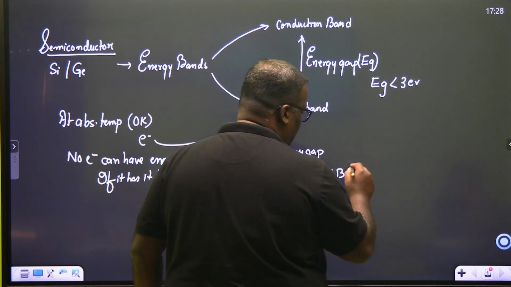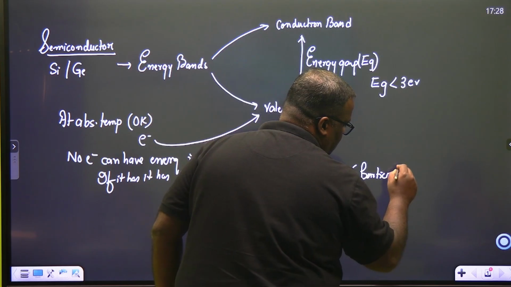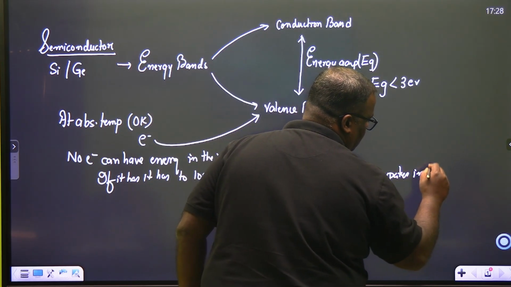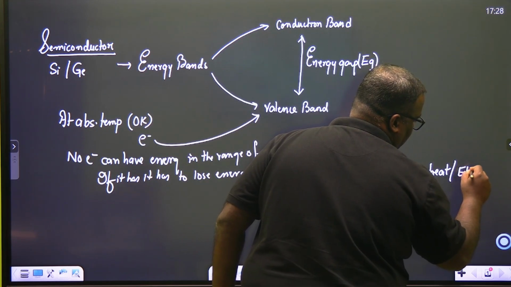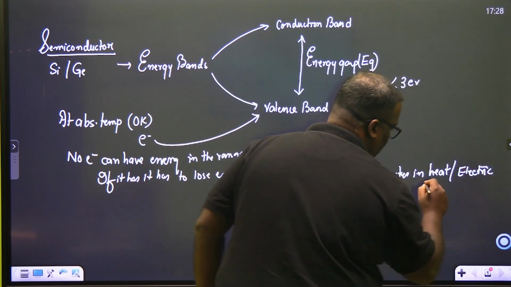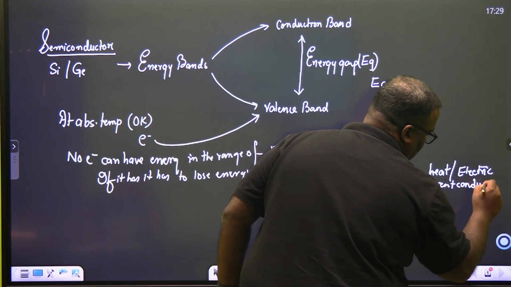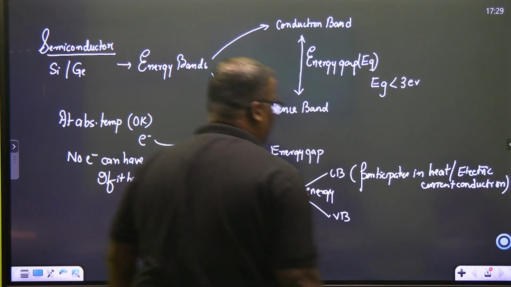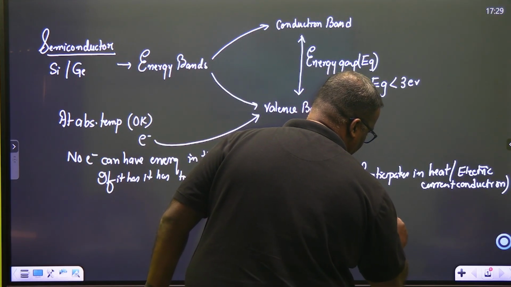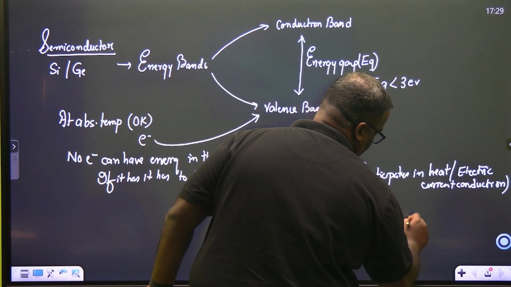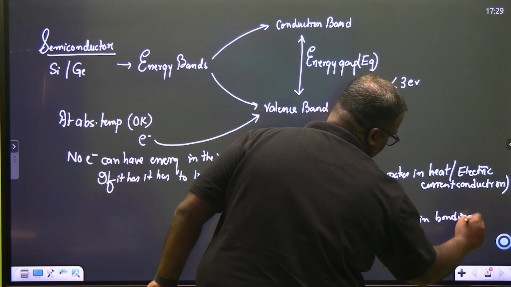And if you are in conduction band, then this electron participates in heat and electric current conduction. Just make sure that you are okay with this mind map. And if you are in valence band, you only participate in bonding. That is, you are bound to the nucleus.